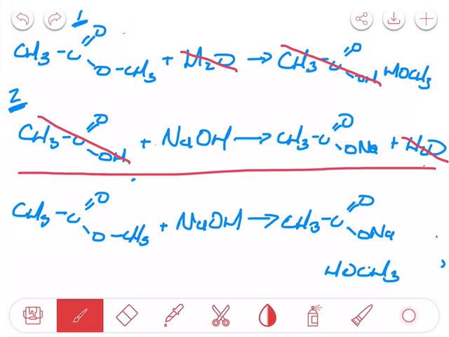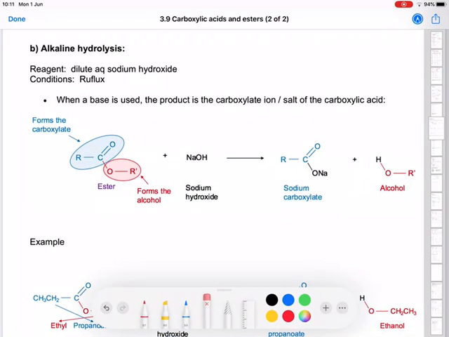So when you're doing the alkaline hydrolysis, the best thing I can say to you is hydrolyse it as normal, but then have a look at your carboxylic acid and then turn it into the salt of the carboxylic acid.